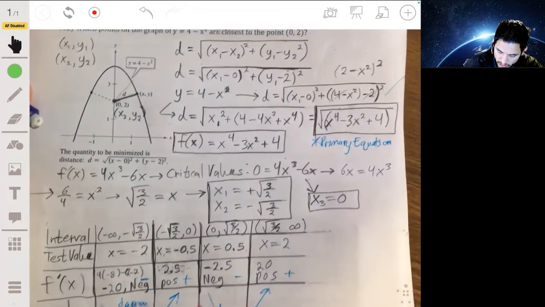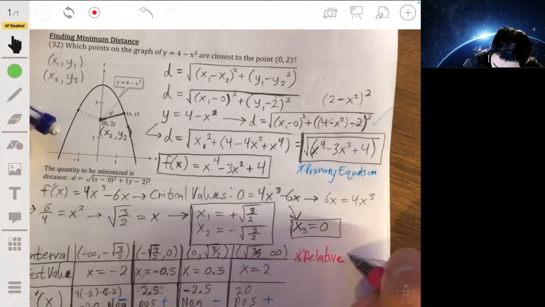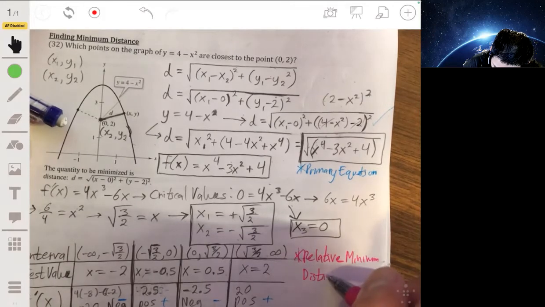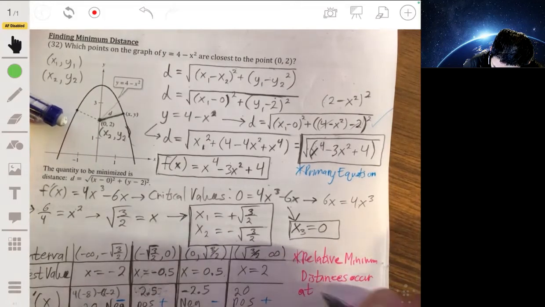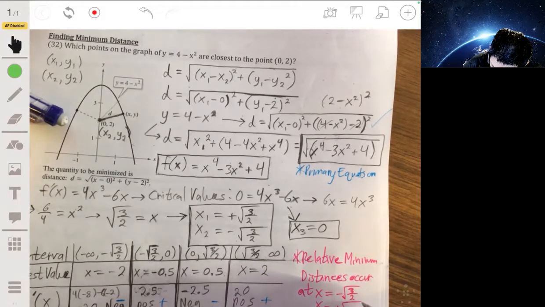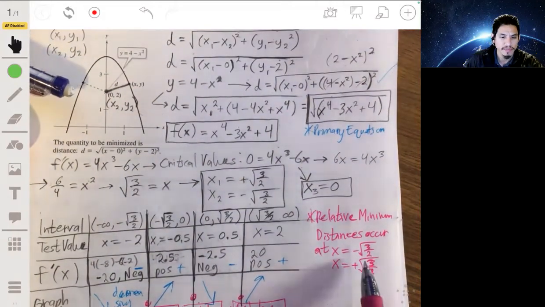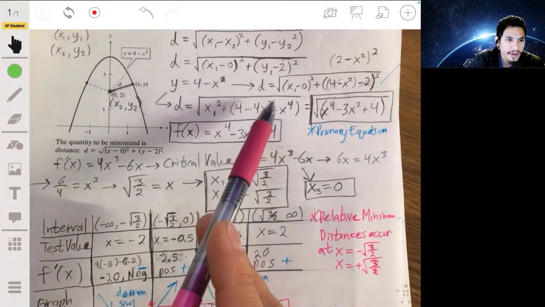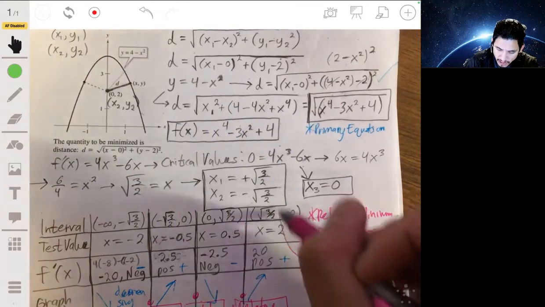So let's first write relative minimums, since these occur at x equals negative √3/2 and x equals positive √3/2. So let's just basically plug these into our distance equation. This is the one that's simplest, this one right here. And let's see what we get.